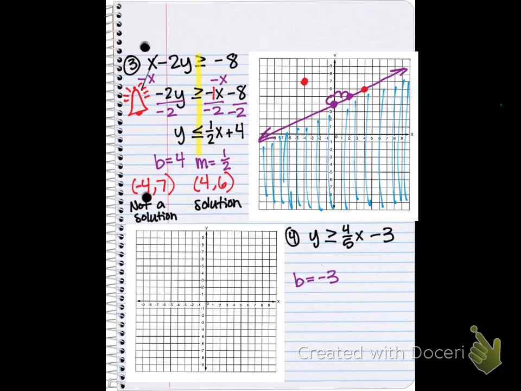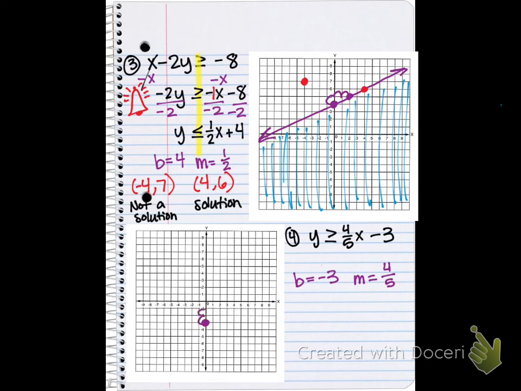All right, and then we plot that, 0, negative 3, on our graph, right about there. Then we have to use our slope to plot the next point. Here our slope is 4/5. That means my rise is 4.